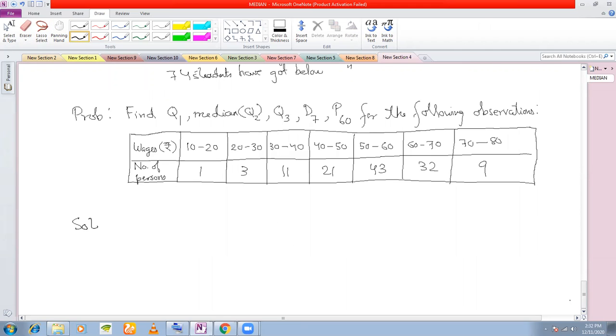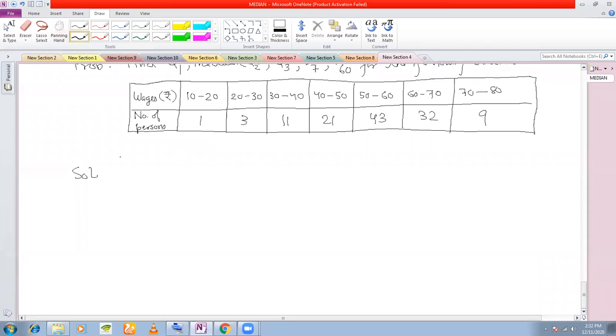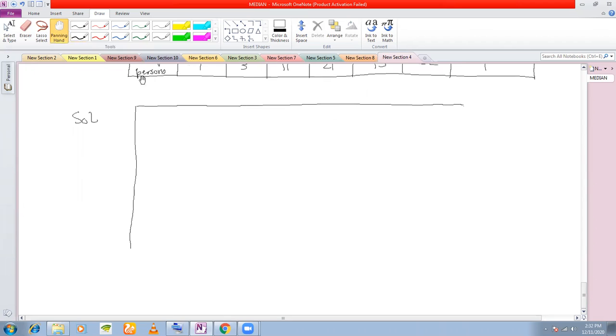Okay, so first, just like median, we are going to construct 3 columns. First one will be for your class interval or class boundaries.